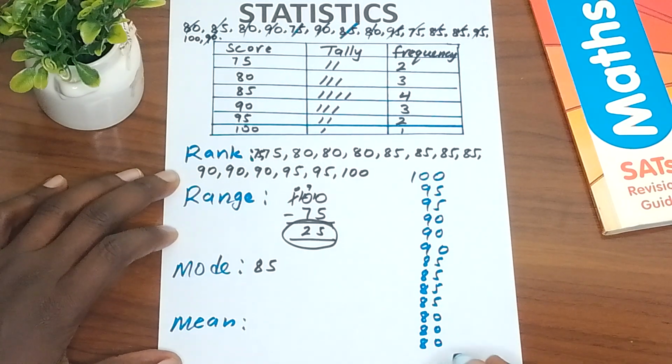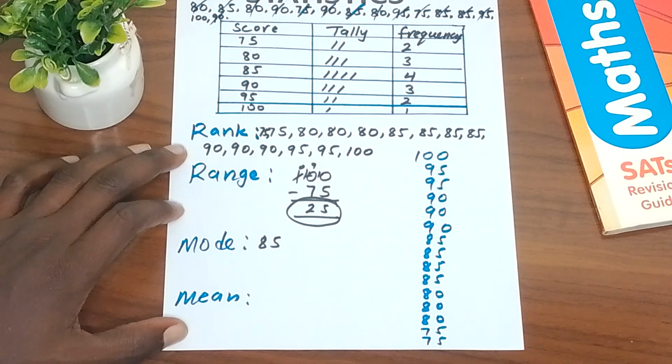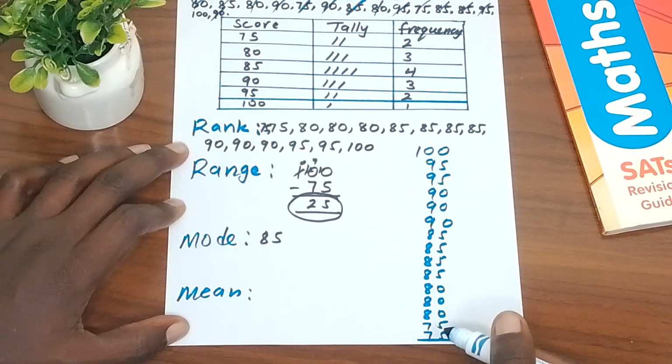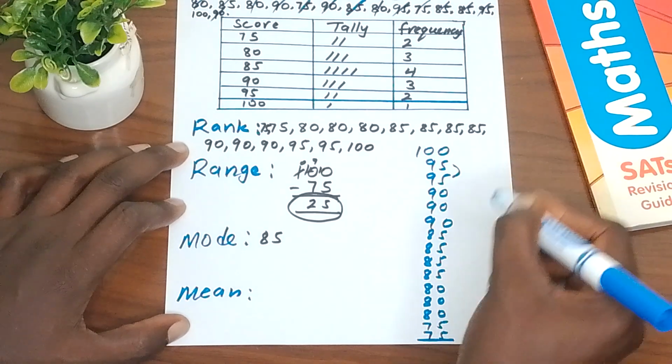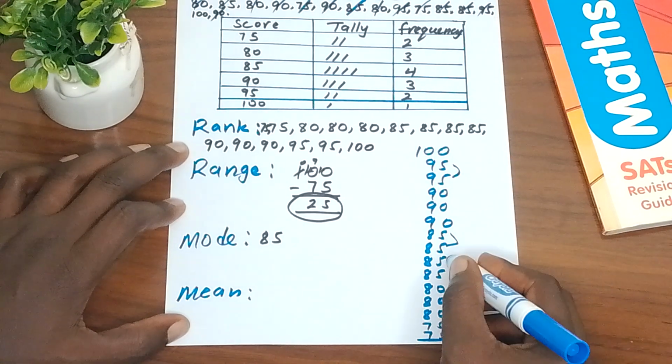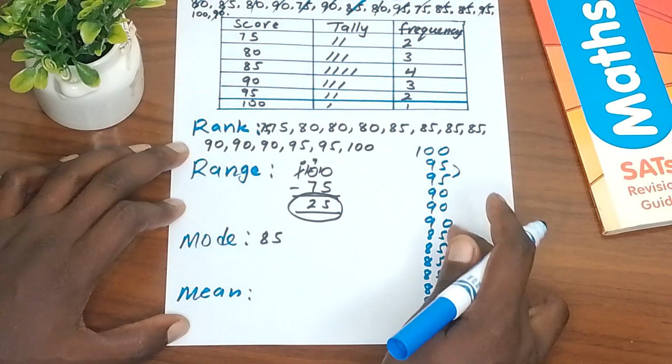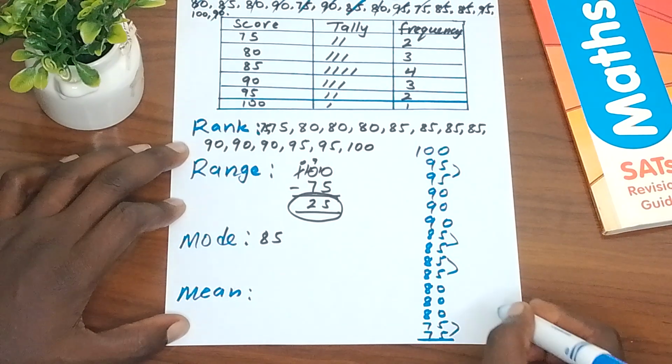Then we get 75, 75. Now these are the numbers we are going to add. So this is 10, 10, 10, 10. That's 1, 2, 3, 4. That means we have 40.